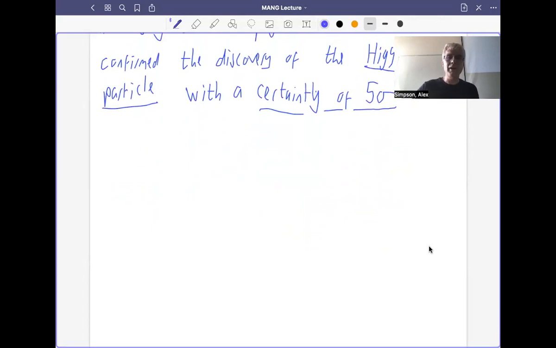So what this means is they work out what results they would expect from their experiment if the Higgs particle did not exist. So they work out theoretically, if the Higgs particle did not exist, then they're measuring some values.